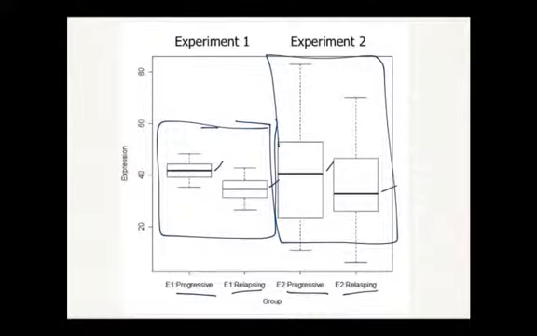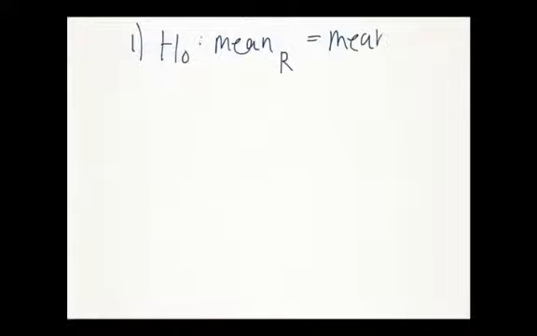Okay? All right, so let's go through our 7 steps of hypothesis testing, just like we did before. Remember, step 1 is to write the null hypothesis. And so here, the null hypothesis would be that the mean in the relapsing group (I'm just going to write R for relapsing) is equal to the mean in the progressive group. Okay?